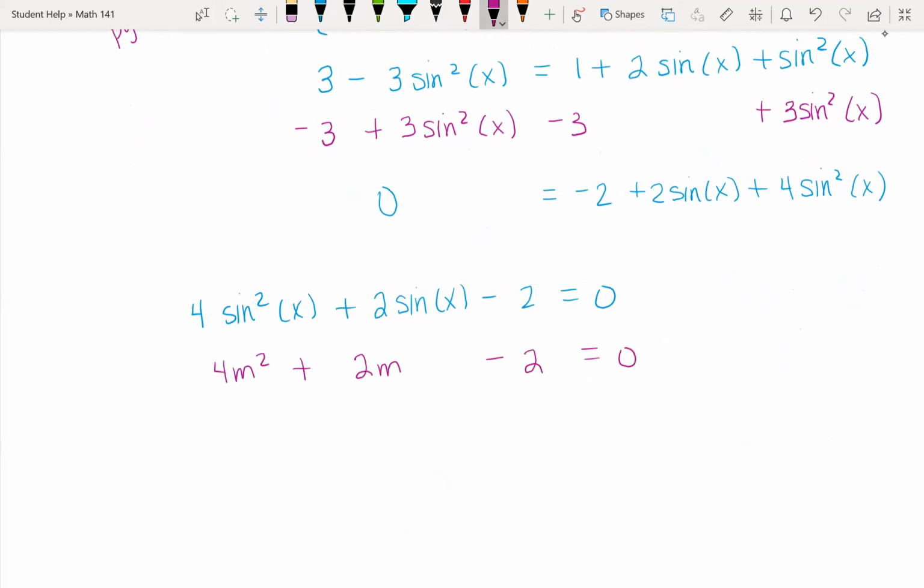We could definitely pull a 2 out to start, right? 2m squared plus m minus 1. So then this is 2m minus 1 and m plus 1. Let's see, does that work? Yeah.